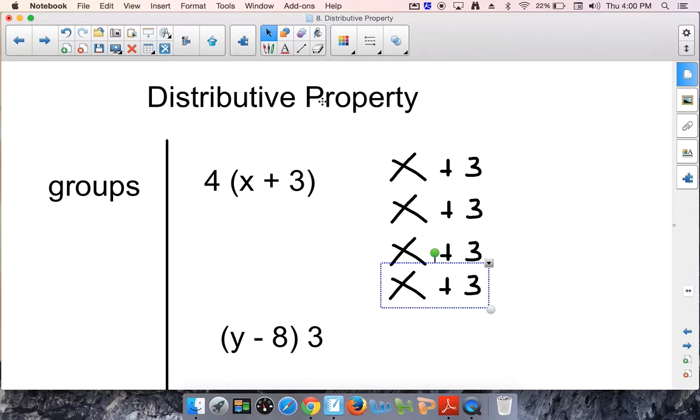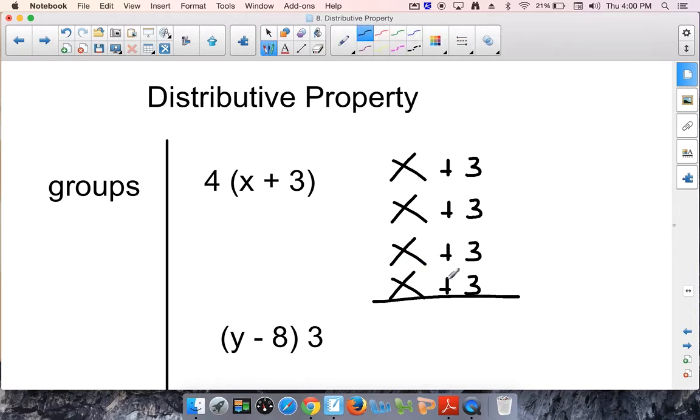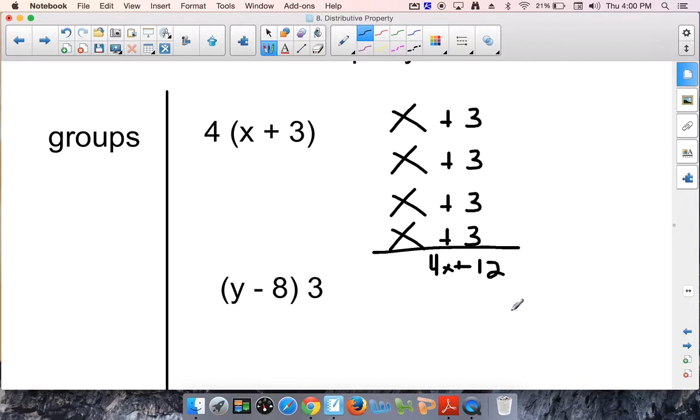So all together, we would have 1, 2, 3, 4 x's plus 3, 6, 9, 12. So our expression would look like this, 4x plus 12. There's a shortcut way of doing it instead of having to always write them out. But I always want you to think of there being groups.